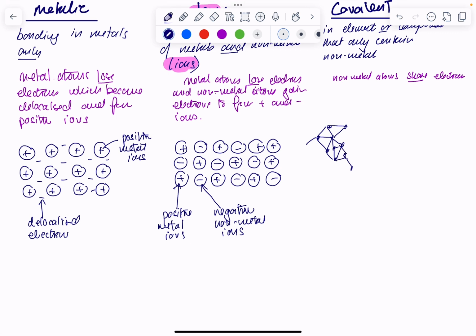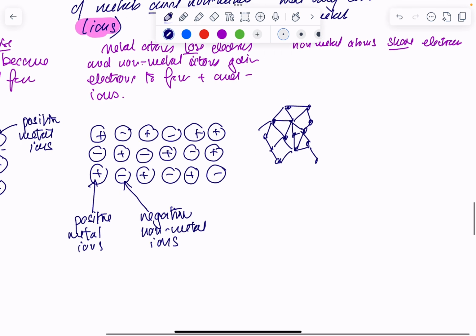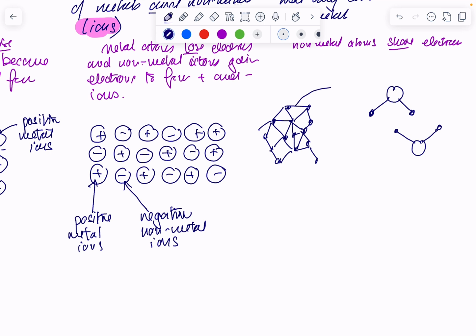So they might form a big network of atoms. More commonly, covalent bonds form in groups of atoms. So in both cases, these are covalent bonds.